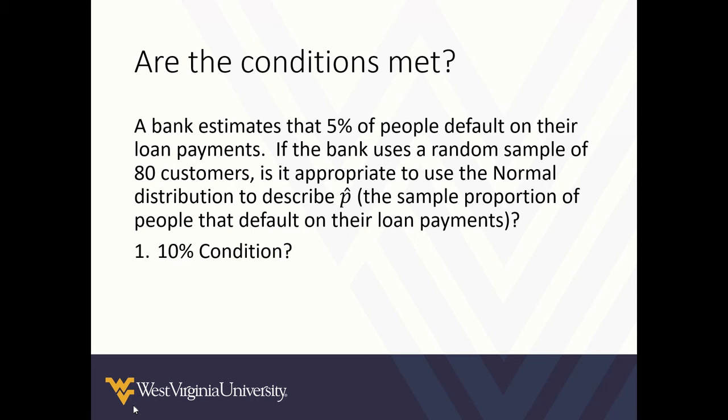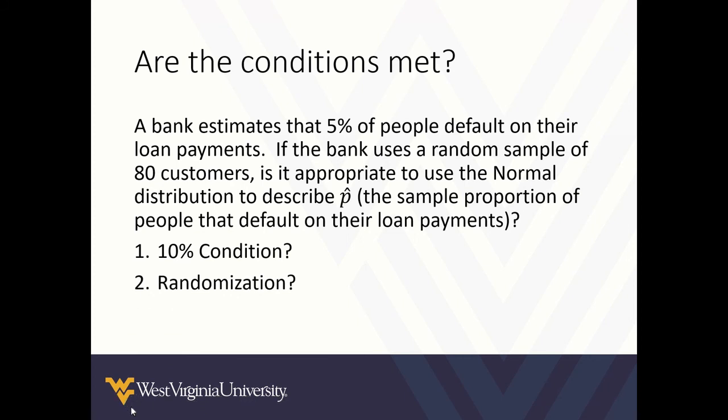I'm considering 80 customers, not knowing the true population of how many people have loans at the bank and what bank it is. For example, if we're talking about a large bank like PNC, then obviously significantly more than 80 customers have a loan. So that would be appropriate to consider.